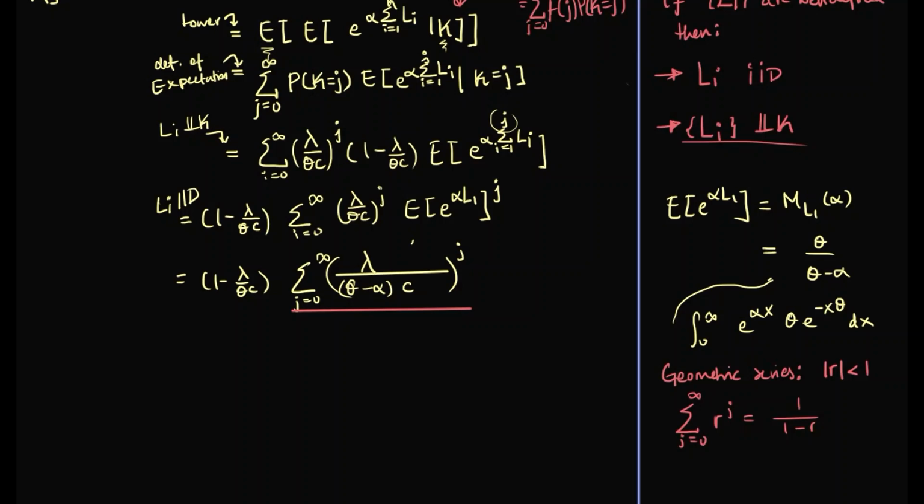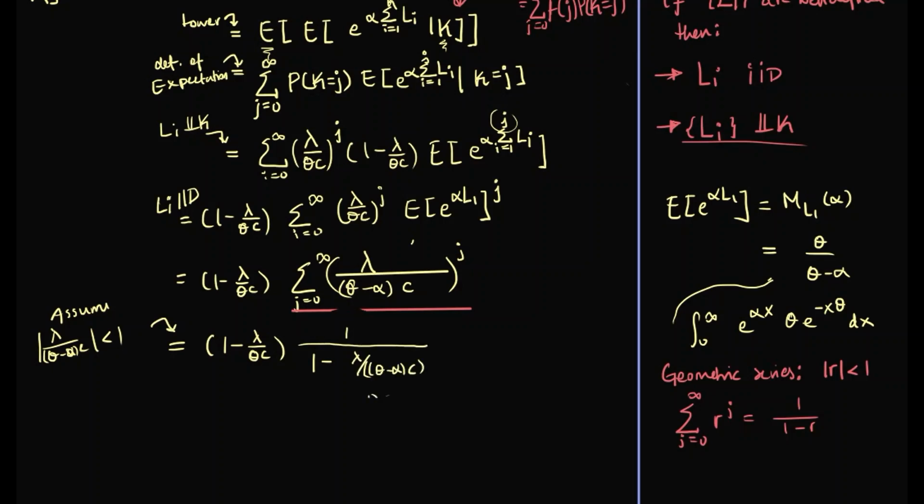Our problem now is that we have to require that this lambda divided by theta minus alpha c is indeed numerically smaller than 1. Let us just assume that for a moment, because in that case we can use the formula for a geometric series and write this series as 1 divided by 1 minus whatever is inside there.